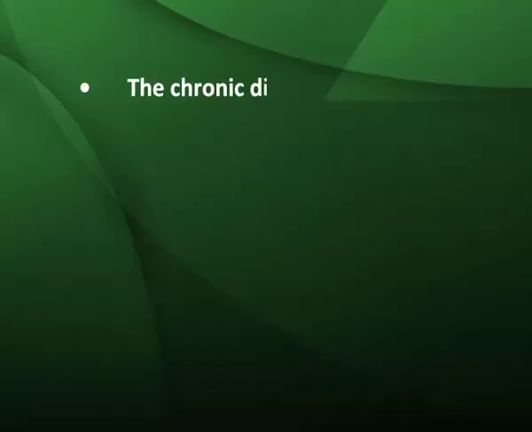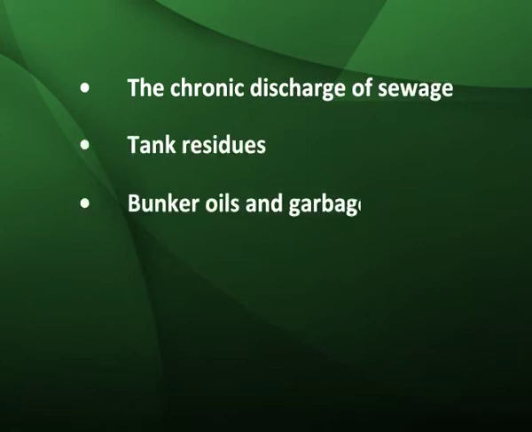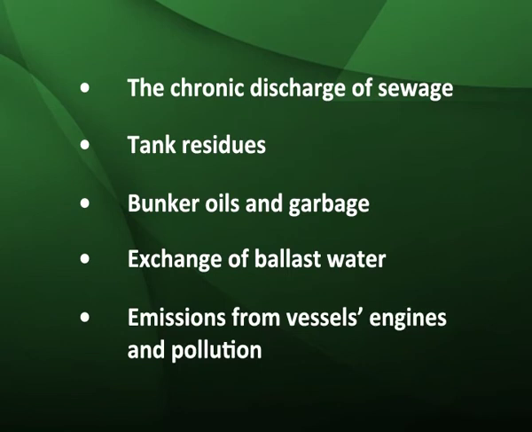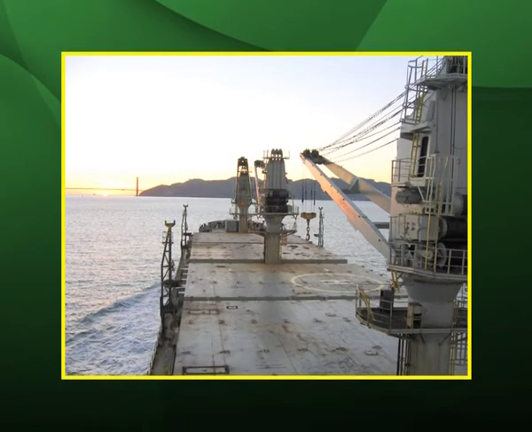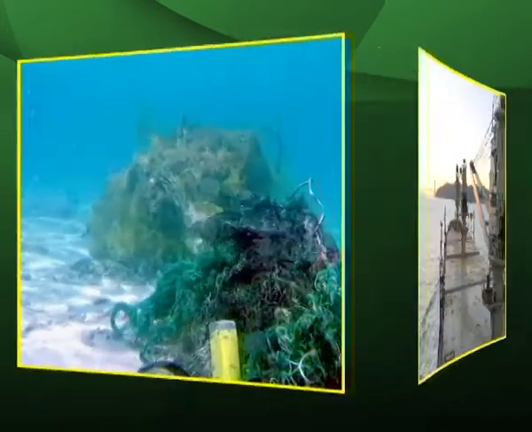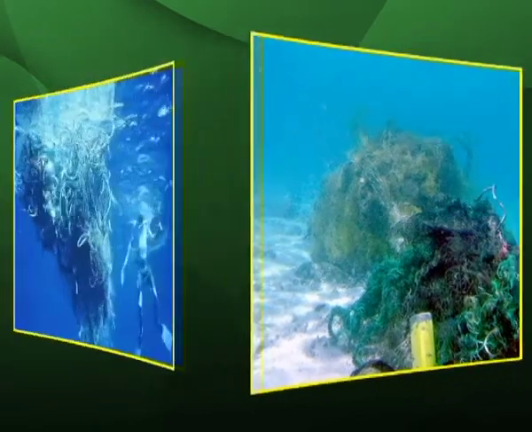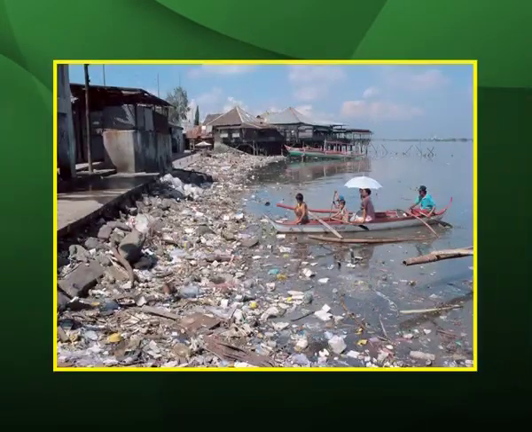In this respect, activities include the chronic discharge of sewage, tank residues, bunker oils and garbage, as well as the exchange of ballast water, emissions from vessel engines and pollution due to anti-fouling paints on ships' hulls. Discharge of solid debris, for example used packaging, is an even more serious concern, particularly in the coastal areas of developing countries.